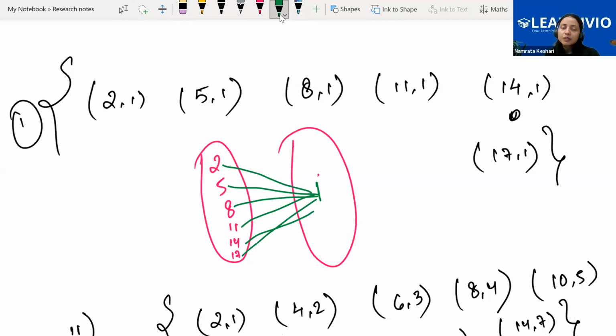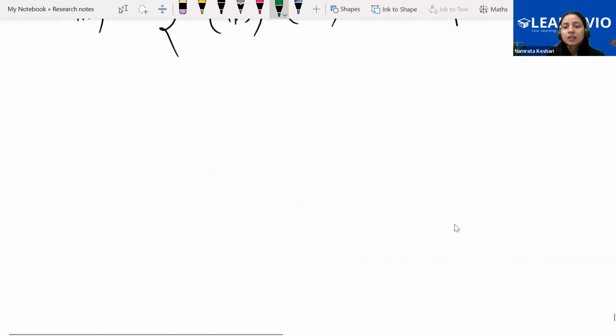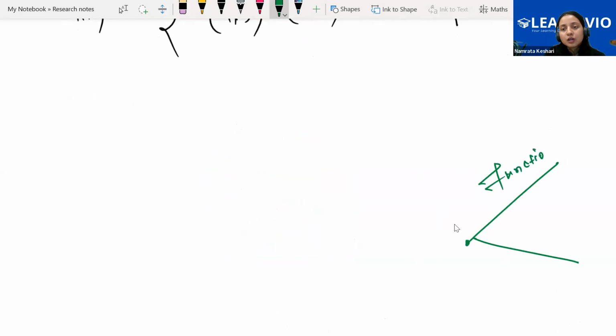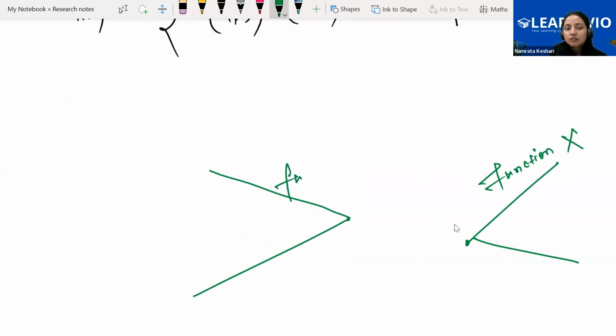Each and every element must have its image. Condition fulfilled. Now the next condition is that one input cannot generate two outputs. One input is not generating two outputs. Basically, that is not allowed for functions. But if it is the reverse way, whatever the number, it is allowed. It will be a function.